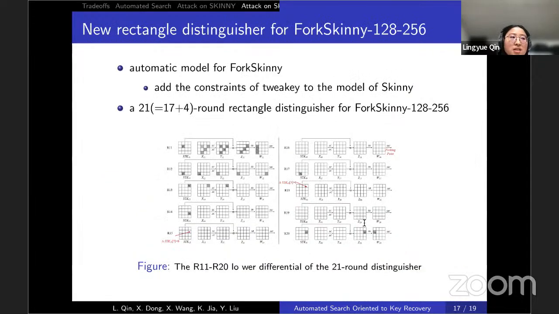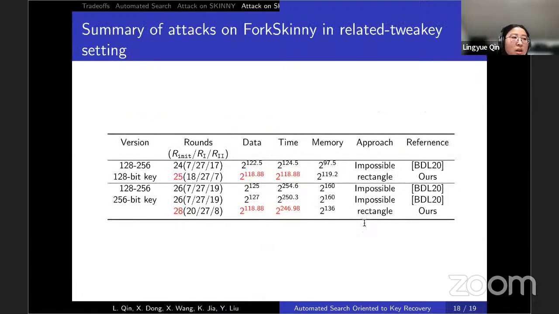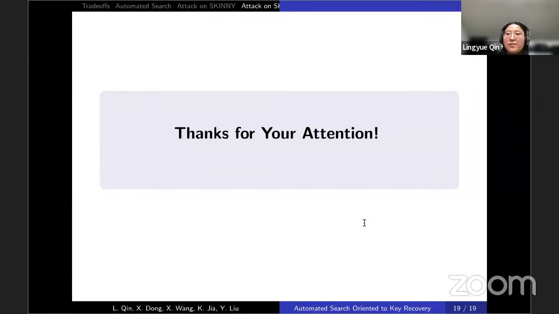We add those constraints to the automatic model of Skinny. So for ForkSkinny-128-256, we select a new 21-round related-tweakey rectangle distinguisher and give improved attacks with different tweakey sizes. Our results for ForkSkinny cover 1 to 2 more rounds than the best previous work. Thanks for your attention.